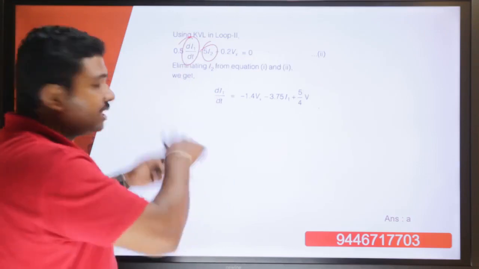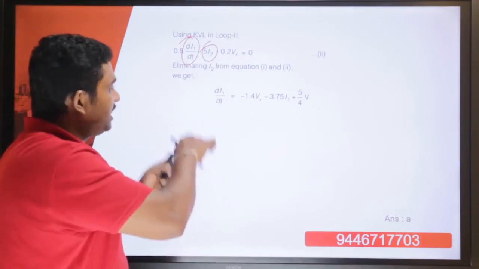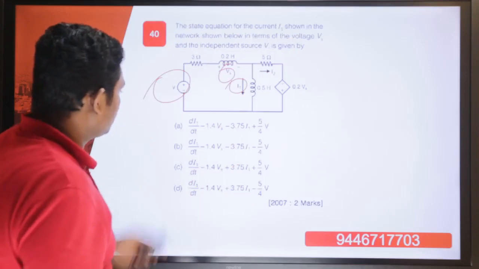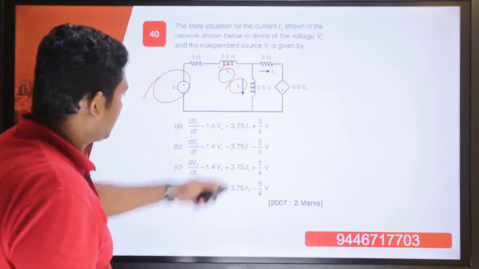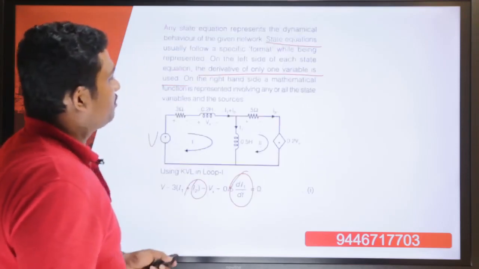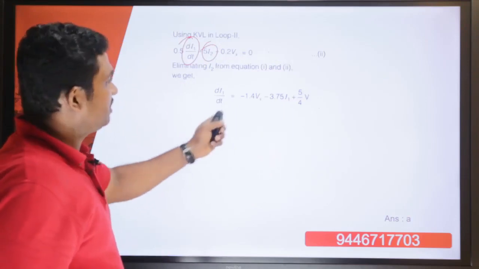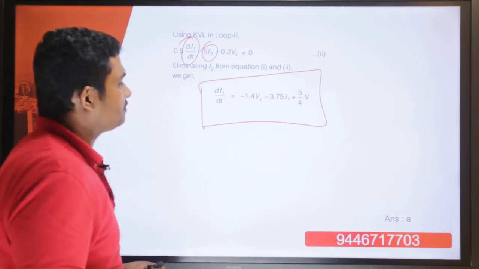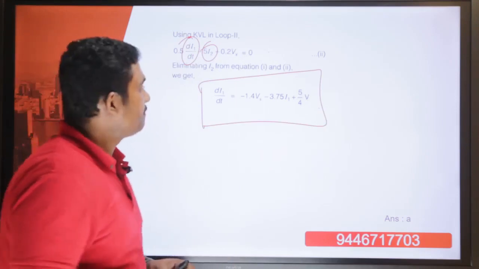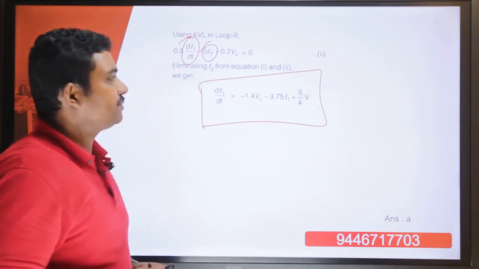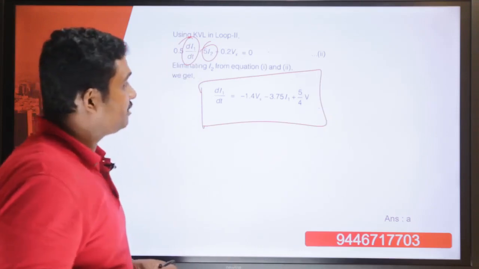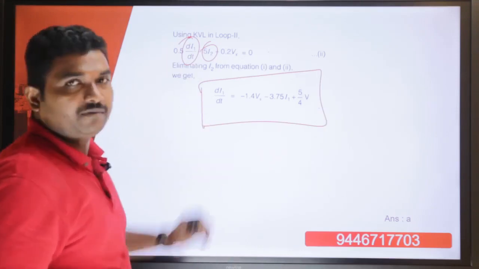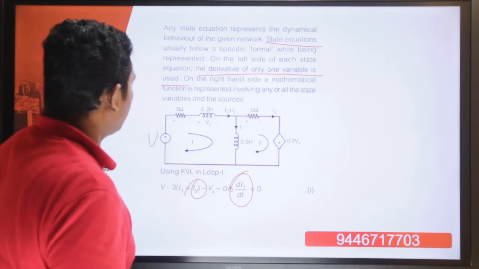You will have to make the equation in the format of di1 by dt, because our choice is given as di1 by dt equal to. So you will get minus 1.4 Vx minus 3.75 I1 plus 5 by 4 V equals di1 by dt. So what is our answer choice?